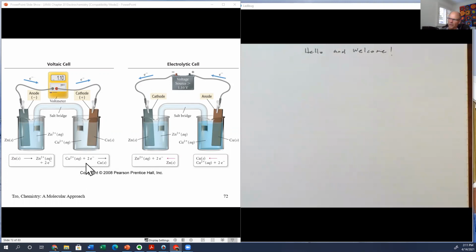So it just makes both of these reactions run backwards, yeah? So what was the anode now becomes the cathode, and what was the cathode now becomes the anode, all right? Because anode is always where what occurs? Oxidation. Correct.